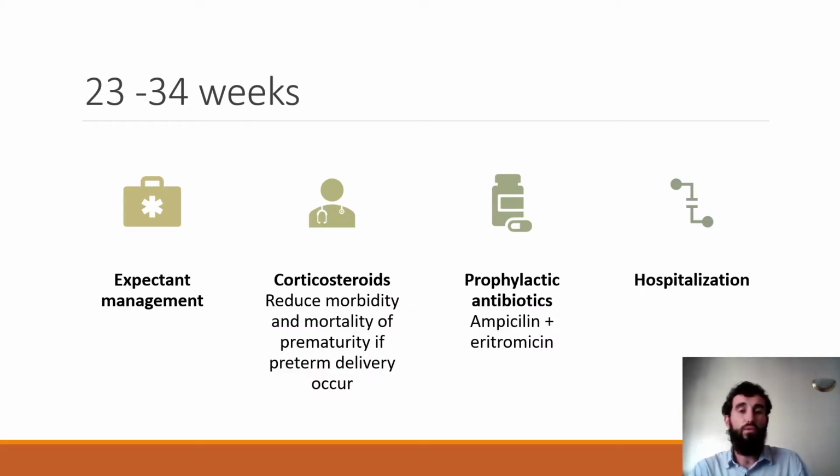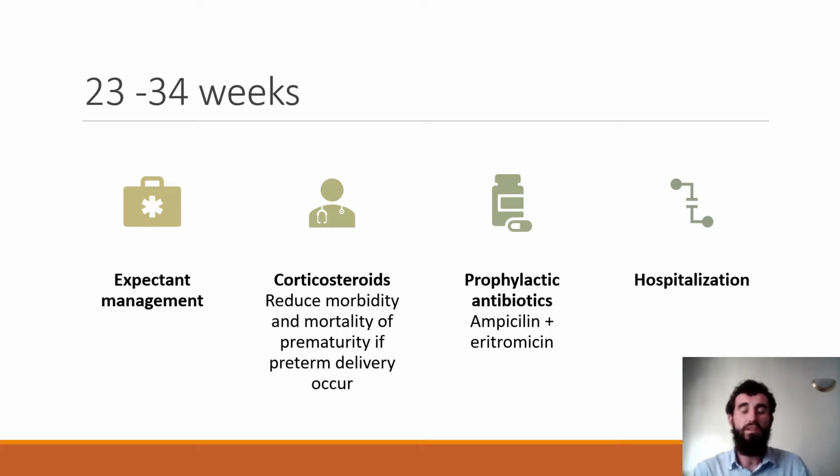Between 23 and 34 weeks, the correct management is expectant management. So here we don't have to deliver the baby. Here we have to give corticosteroids, we have to give antibiotics, and it's very important to hospitalize this patient during all the period until the delivery.